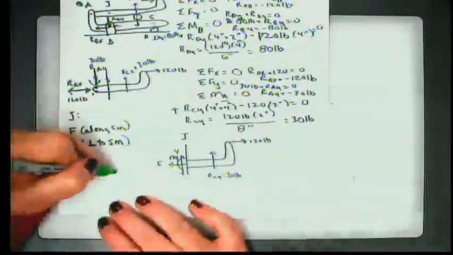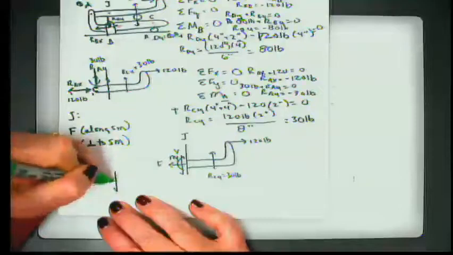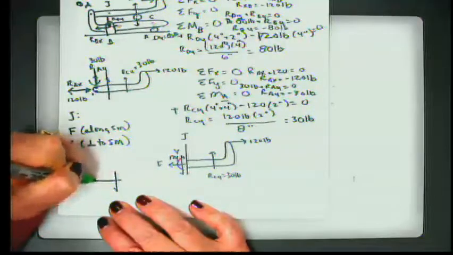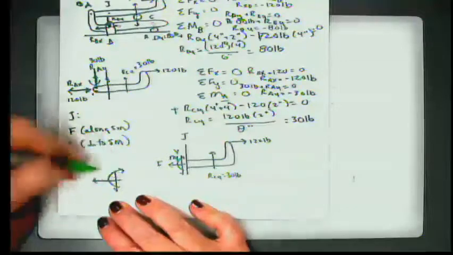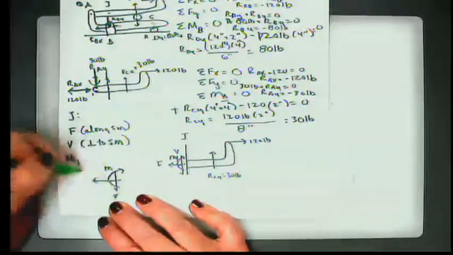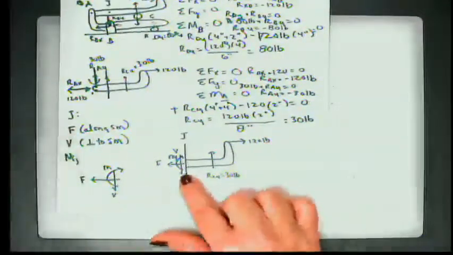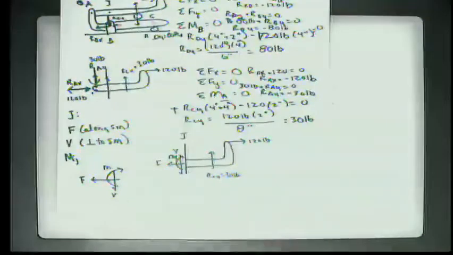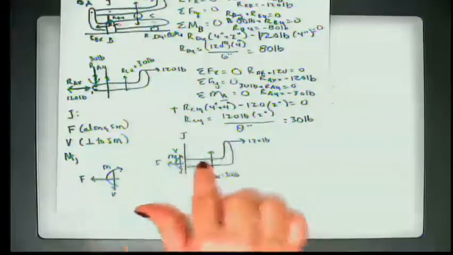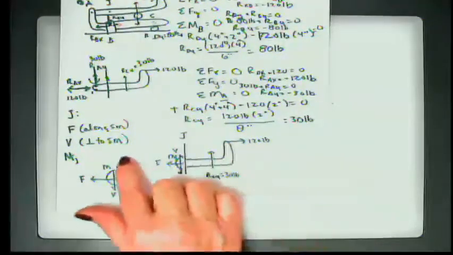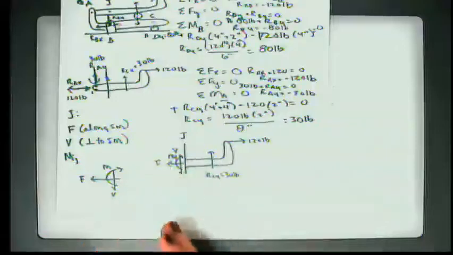So this kind of a drawing is sort of key to this analysis. So we just say when we cut it, we have three things going on at J. We have a force F that runs along the same direction as the structural member, a force V, which runs perpendicularly to the structural member, and a moment.